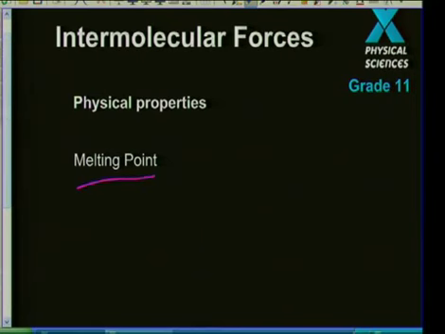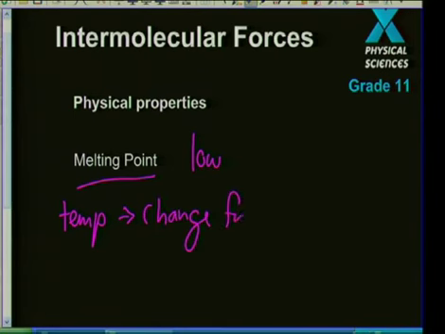If the melting point of a substance is low, so remember what melting point is. It's the temperature where we get a change from solid to liquid. And for a pure substance, that's a fixed temperature. So every pure substance has a certain temperature that it melts at. And the reason for that being consistent is that the forces between the molecules are uniform.